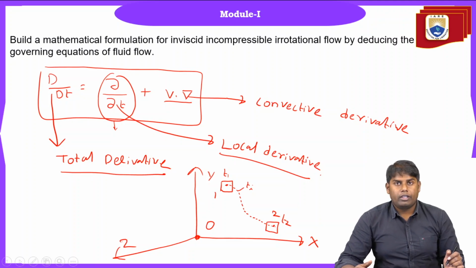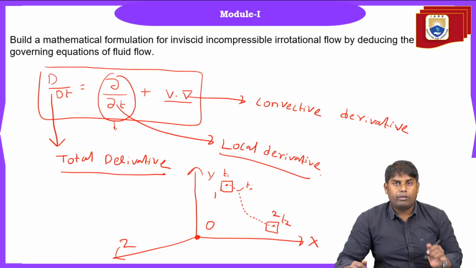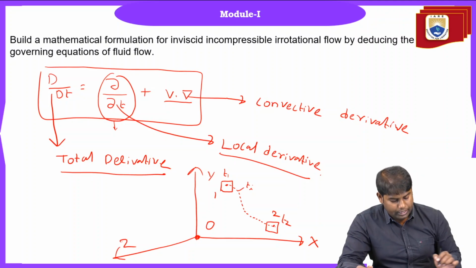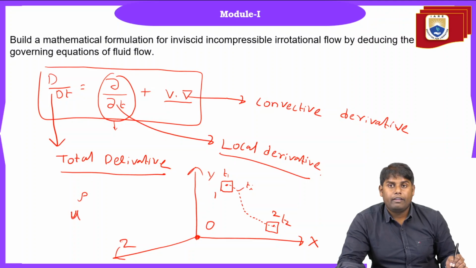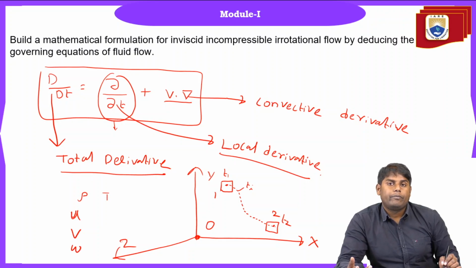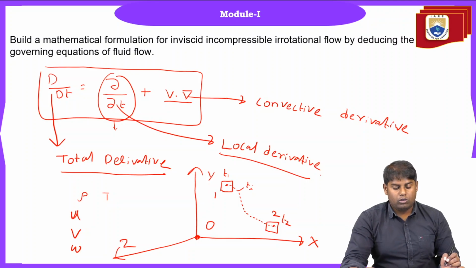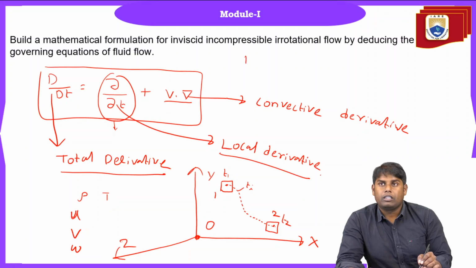Now here, when it changes from one point to another point, the flow variables, which are density, velocity, that is u velocity, v velocity, w velocity, and temperature, are our primary flow variables which govern the fluid flow. These parameters will change with respect to this. Now, when we have d by dt of small u, what happens?